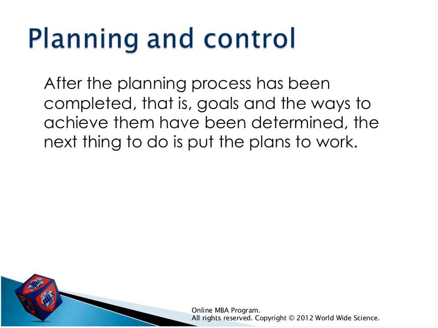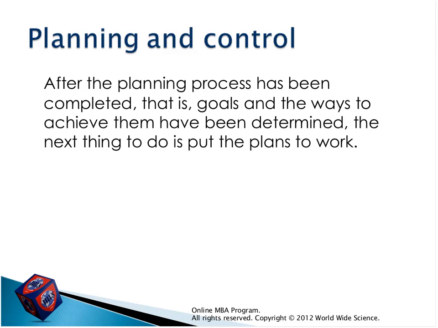After the planning process has been completed, that is, goals and the ways to achieve them have been determined, the thing to do is put the plans to work. That means first we do some planning, right? We set our goals for business, what we should do to get an income. Then we find the ways to achieve those goals.